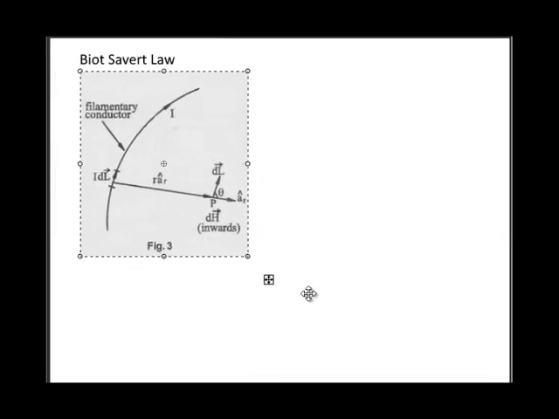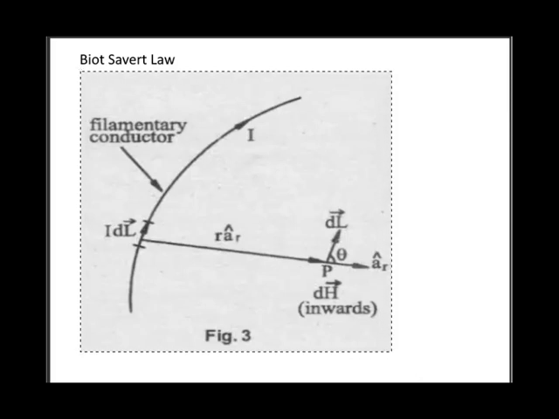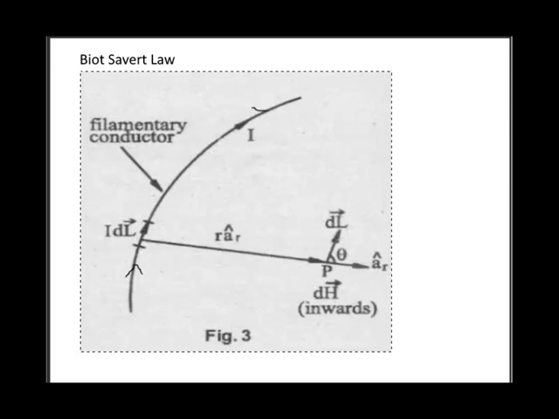So let me show a figure. Consider a filament of this type. This is a current carrying filament in which the current is flowing from bottom to top in this direction, and the value of current is I, and mark a small length.